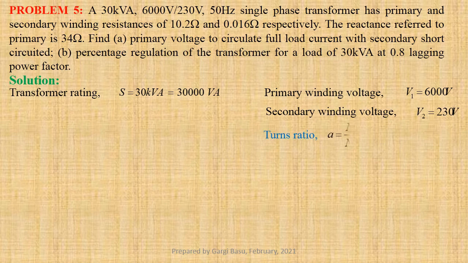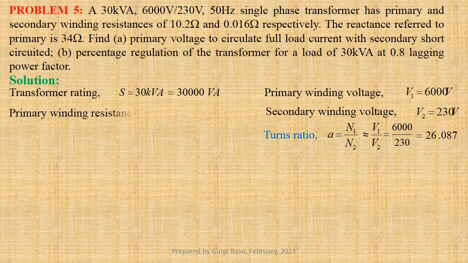A equals N1 by N2, which is approximately equal to V1 by V2. Putting values, we get 6000 divided by 230, that gives us 26.087. Primary winding resistance R1 equals 10.2 ohm.